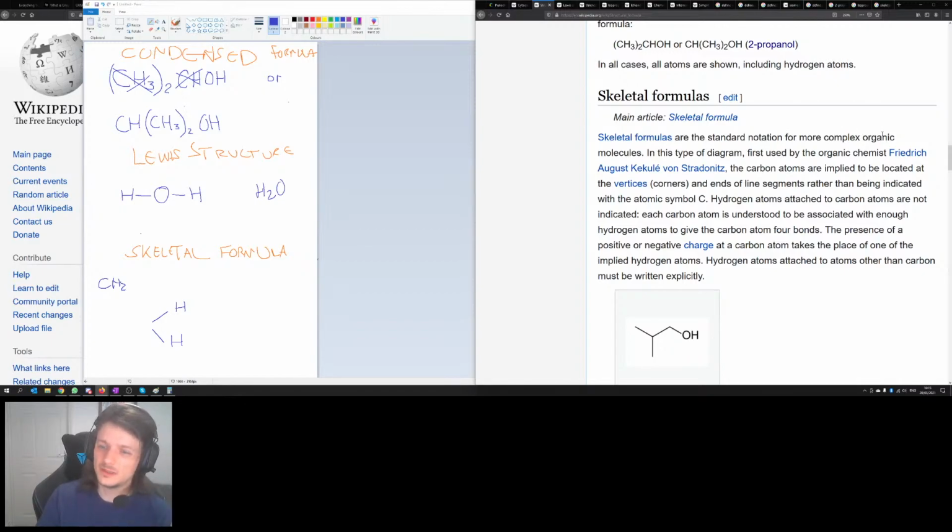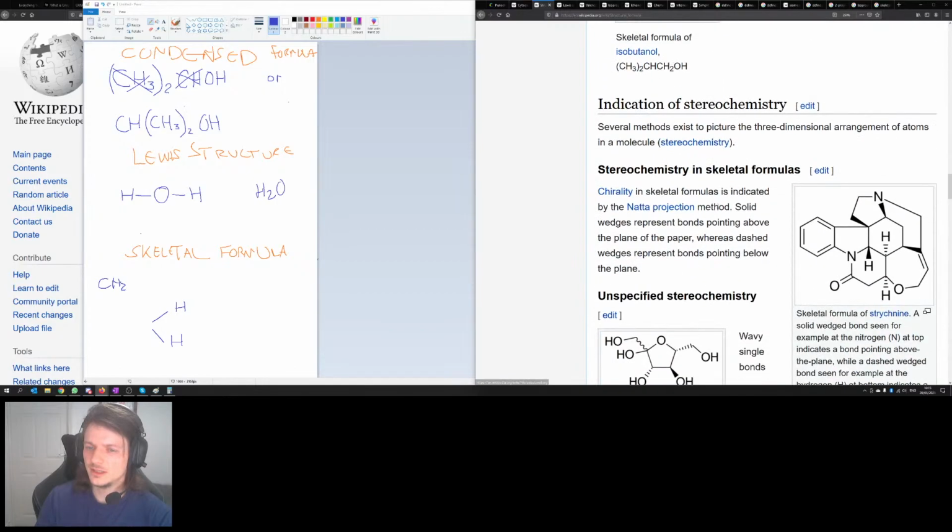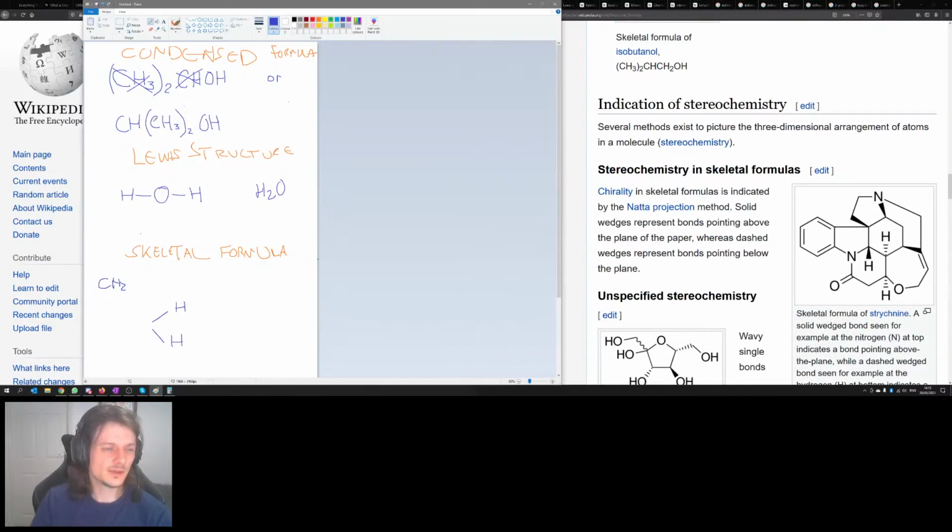For more complex molecules, I guess there isn't one for this. That makes some sense, I guess. Okay, fine. Let's put a question mark here. I need to understand this more, I'm sure.